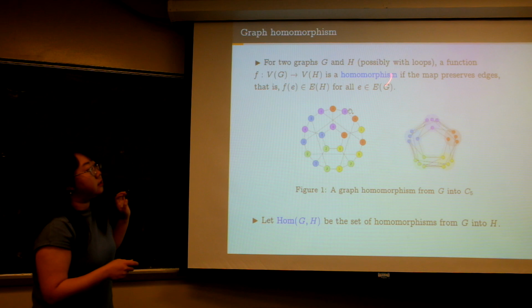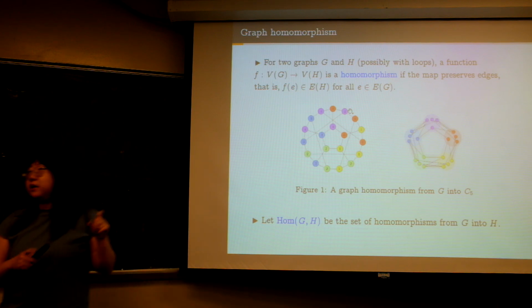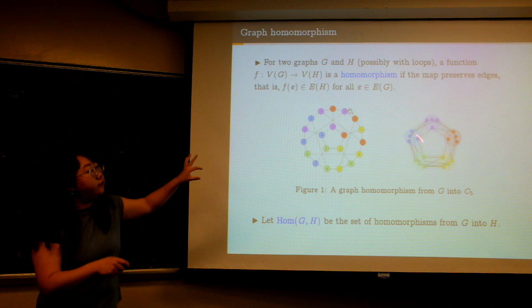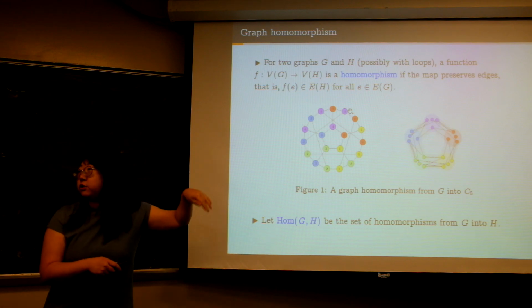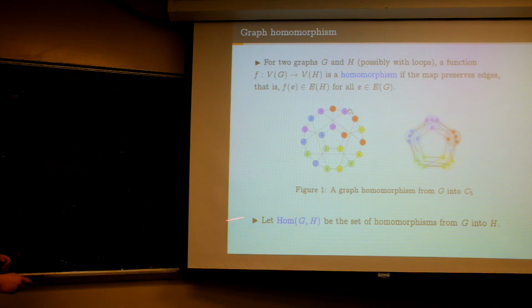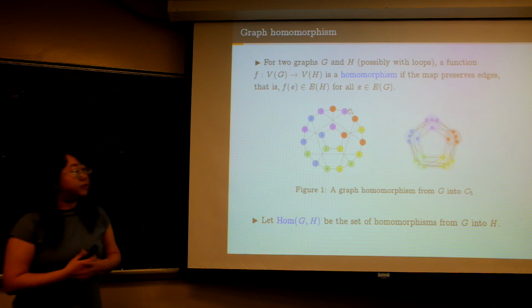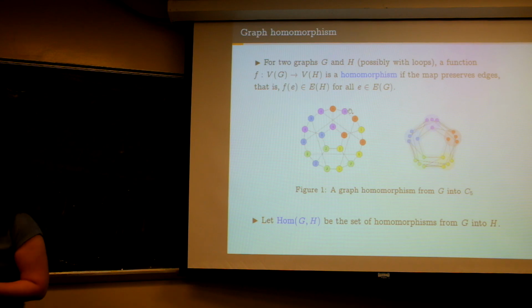Sometimes this graph homomorphism is also called coloring, because you color the vertices of your graph G with the vertices of H. And we're going to use this notation to denote the set of homomorphisms from G to H.